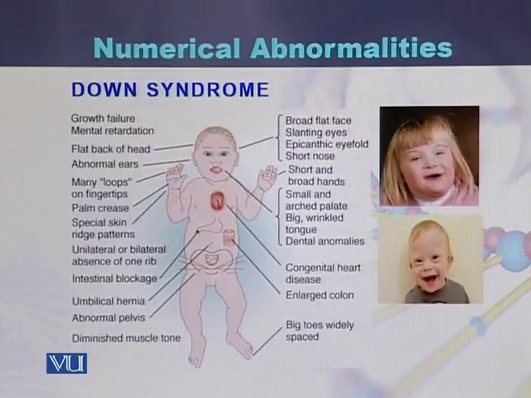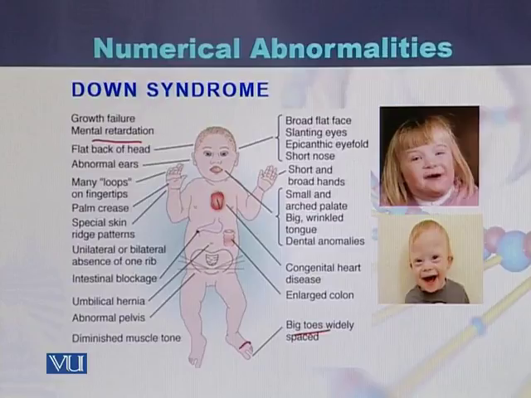These are typical pictures of individuals who have Down syndrome, and the description written shows the symptoms which are present in these individuals. Like there is mental retardation in these individuals, common abnormalities, as well as big toes.